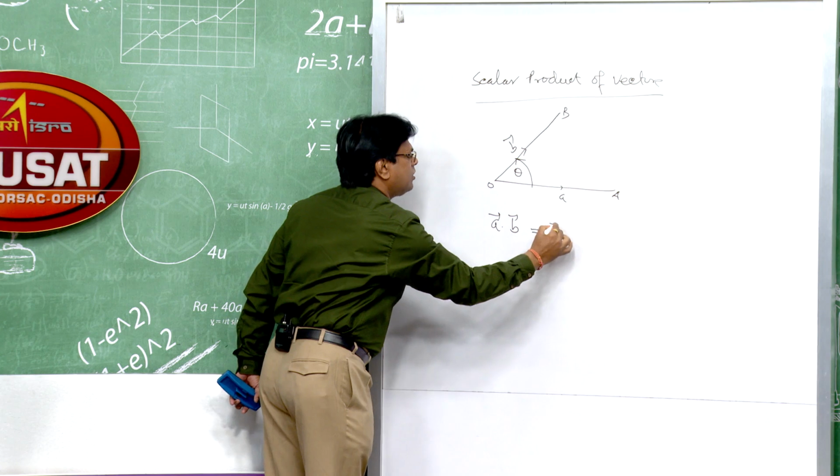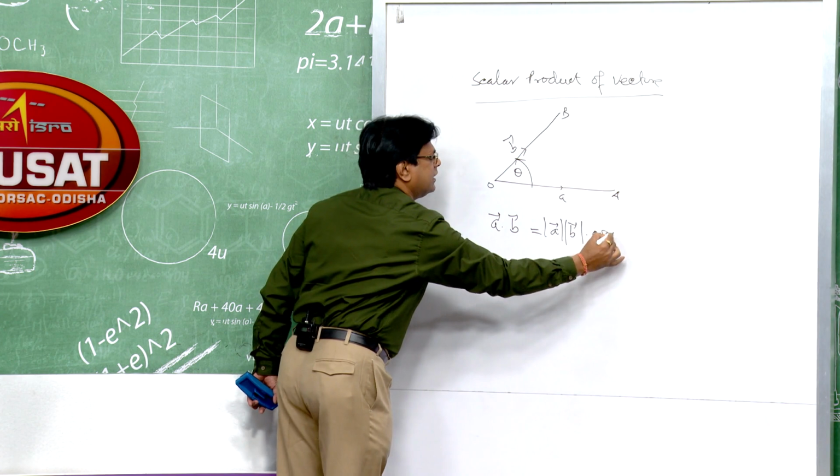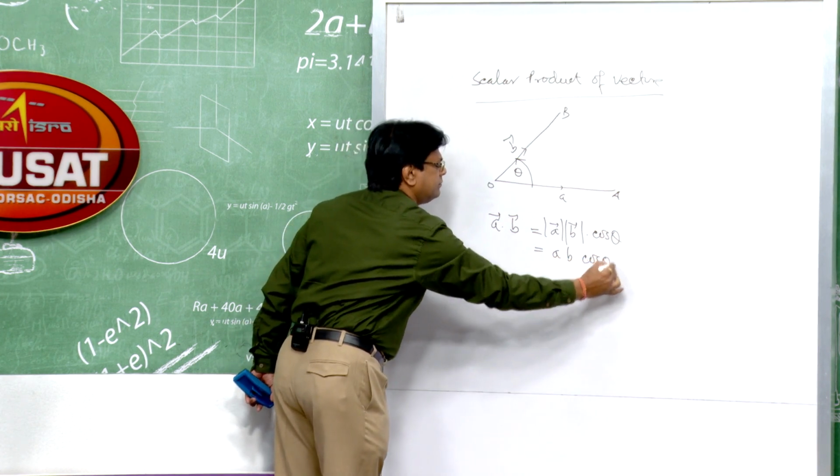So, A dot B is equal to A magnitude, B magnitude into cos theta. So, that is nothing but your A B cos theta.